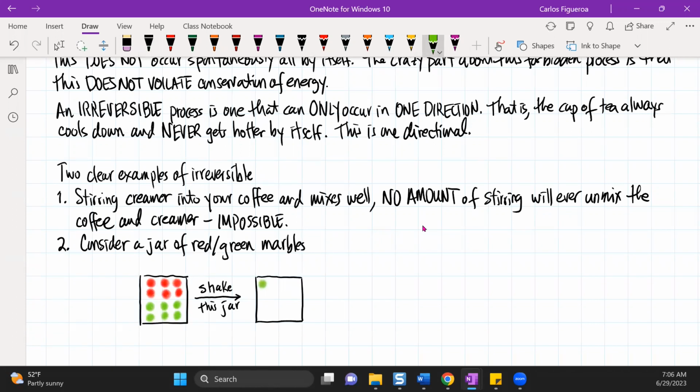Just doing random dots here. So let's say that these will be red.